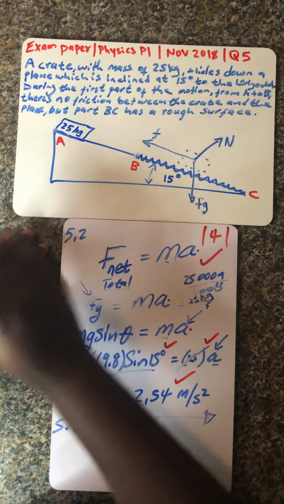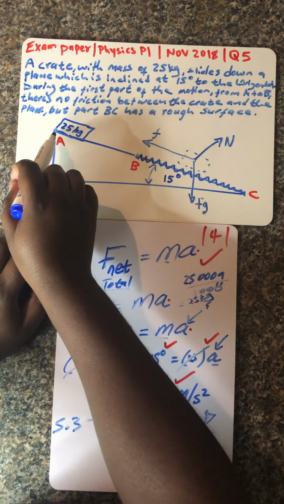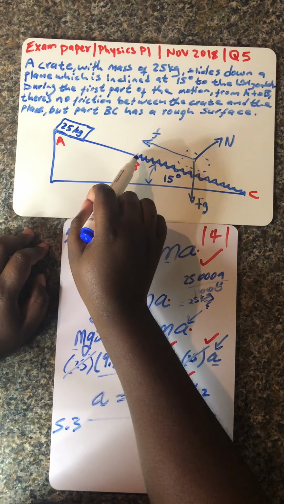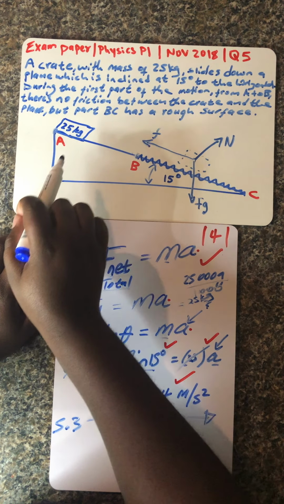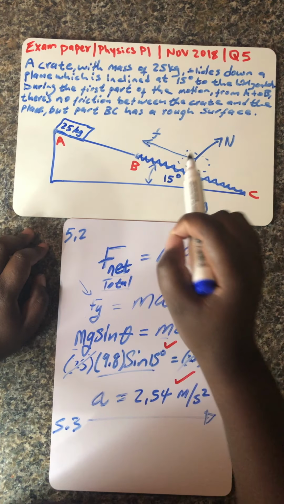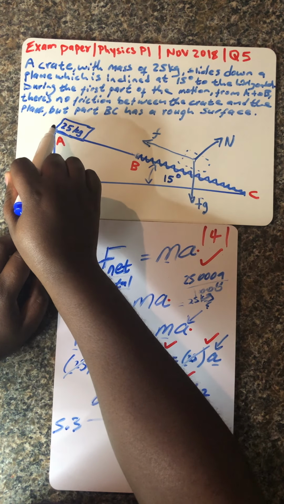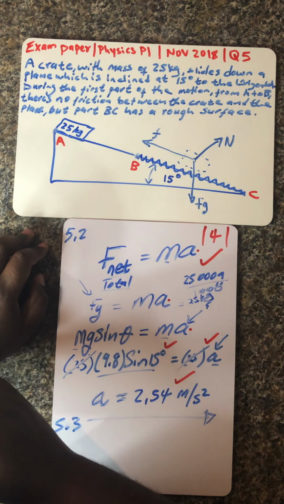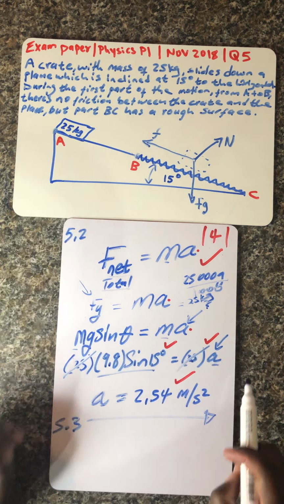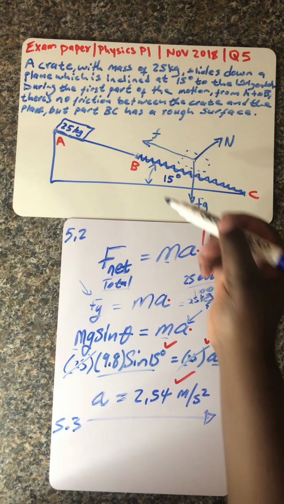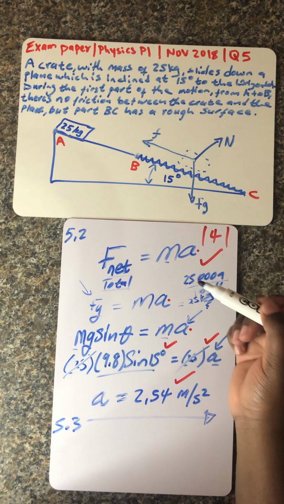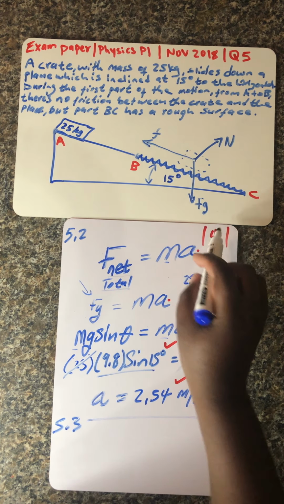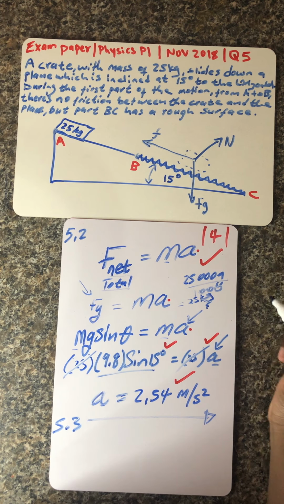It doesn't really matter at what speed it's moving at that point versus that point. What matters the most is whether the velocity as it slides down increases or decreases. Is it increasing or is it decreasing? And between B and C, is it decreasing or is it increasing?